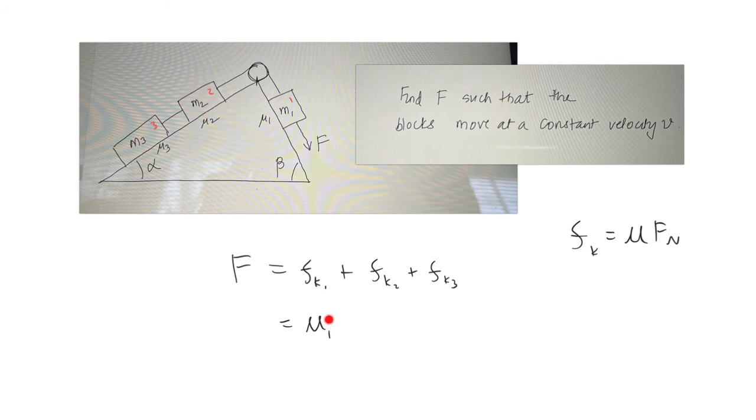So we have mu1 times the normal force for box 1, I'll put a little 1 there, plus mu2 times the normal force for box 2, plus mu3 times the normal force for box 3. Okay, so then we have to go on a mission to find these normal forces, which can be really interesting.